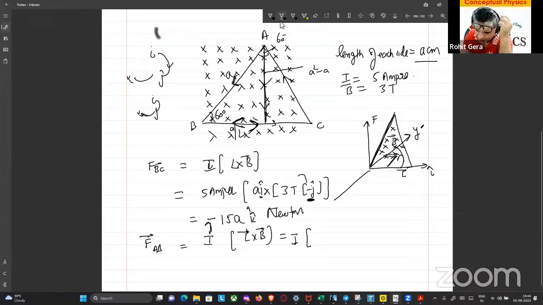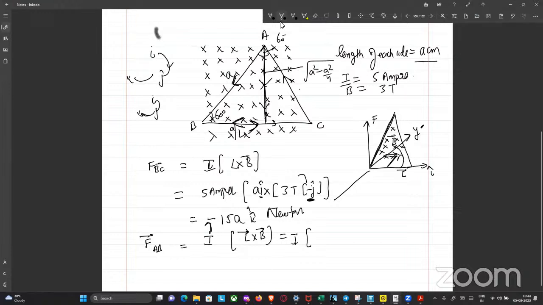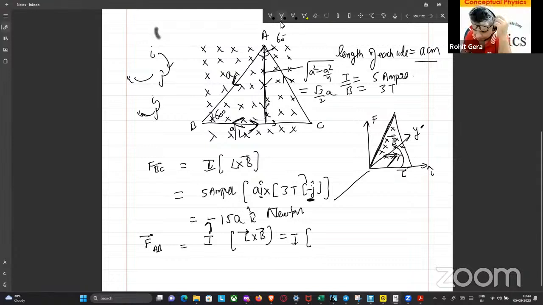A square minus A square by 4, root 3 by 2 A. So if I have to write length, I will write it as root 3 by 2 A J downward and minus A by 2 I.